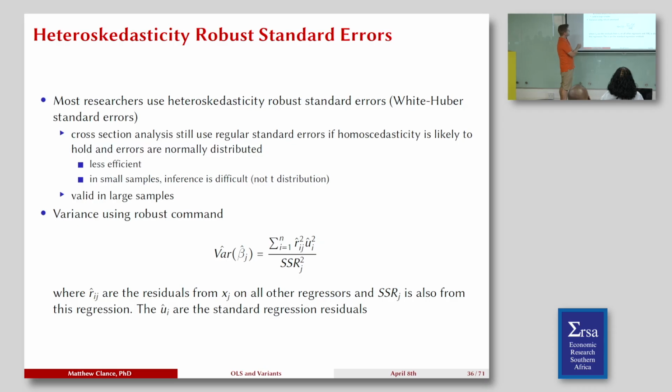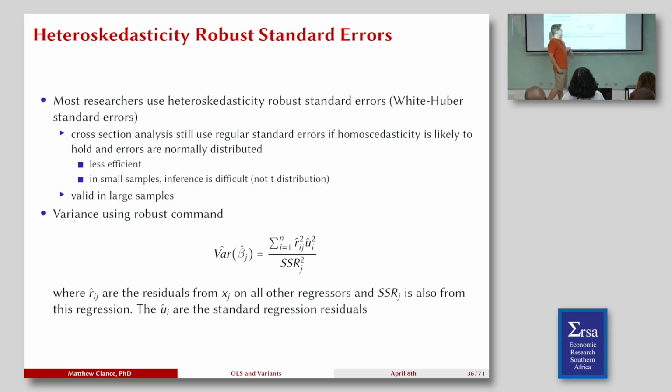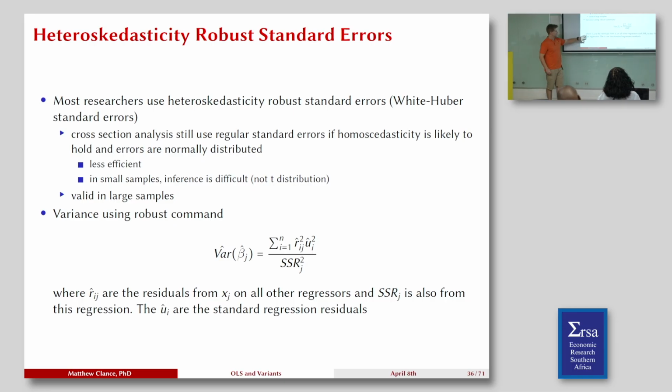When we're thinking about the variance using this, what the calculation does is, once it runs the regression, it takes the residuals from regressing x_j on all the other variables. Remember what heteroscedastic errors are doing: there's a relationship with the right-hand side variables in terms of how the residuals are formed. That's why they run x_j on all the other regressors to get these residuals.